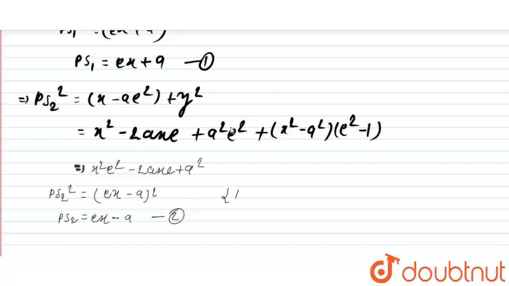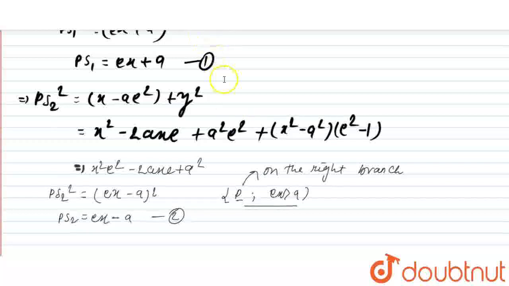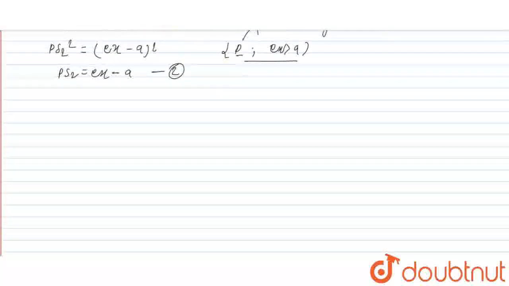Now since P is on the right branch of the hyperbola, definitely ex must be greater than a. Remember this, this is an important aspect. Now we go further.